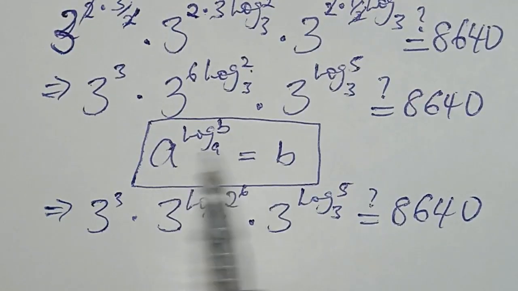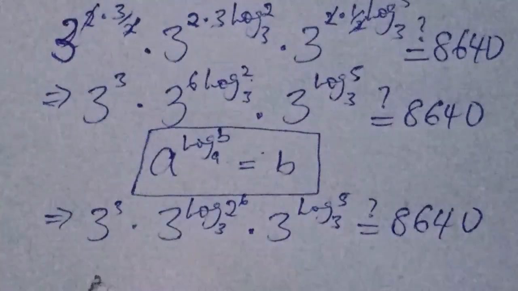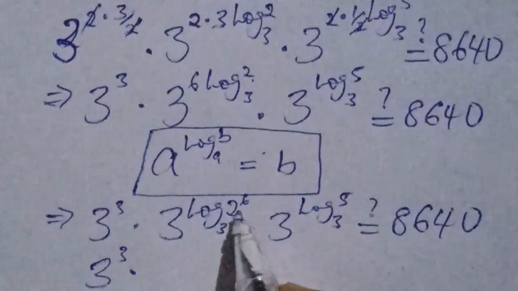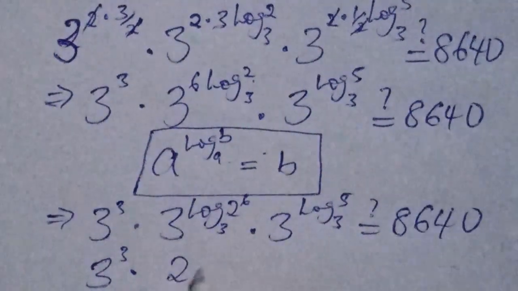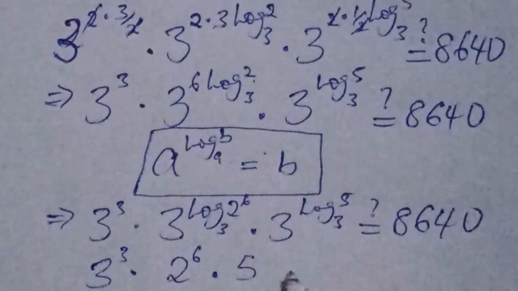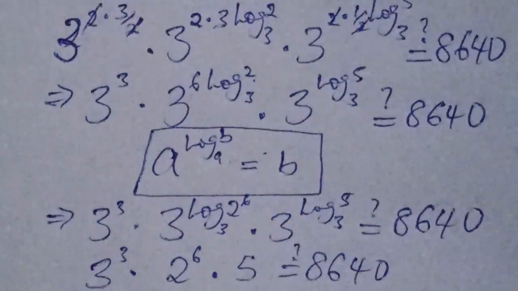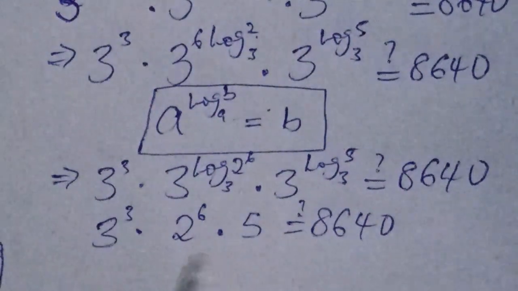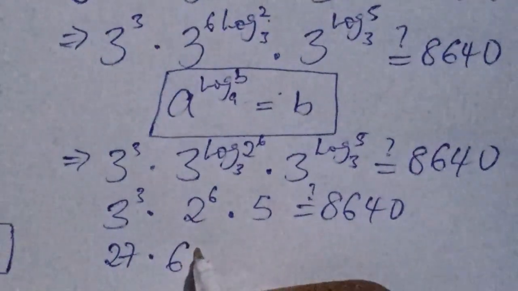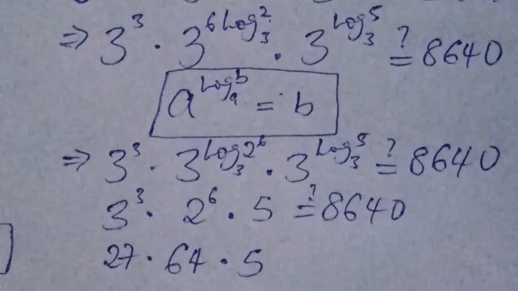So likewise, as introduced here, this becomes 3 to the power of 3 multiplied by 2 to the power of 6 multiplied by 5. Will that be equal to 8,640? So if we multiply this, we have 27 multiplied by 64 multiplied by 5.